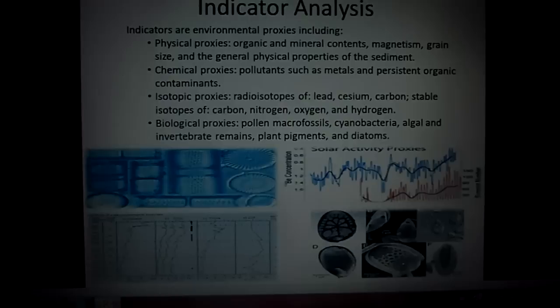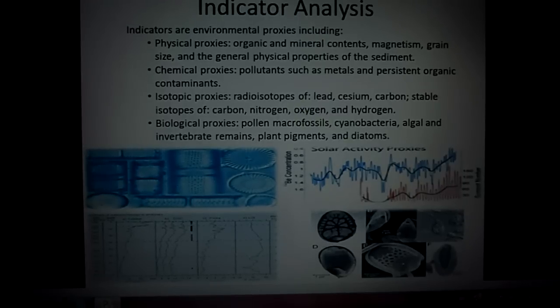Sediment records contain many environmental indicators from a variety of sources. Indicators are also commonly referred to as environmental proxies and include physical proxies, which are organic and mineral content, magnetism, grain size, and general physical properties of the sediment. Chemical proxies, which are pollutants such as metals and persistent organic contaminants.